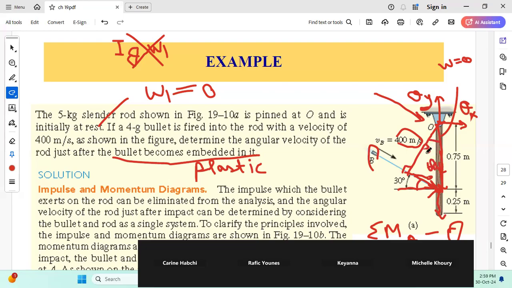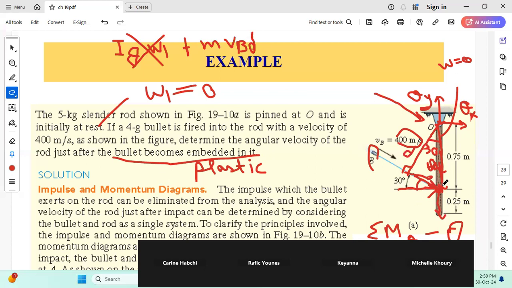So the projection distance from O is simply 0.75 times cosine 30. What is the angular momentum of a particle about a point? It's the moment of the linear momentum, so plus m VB times the distance d, where d is 0.75 cosine 30.